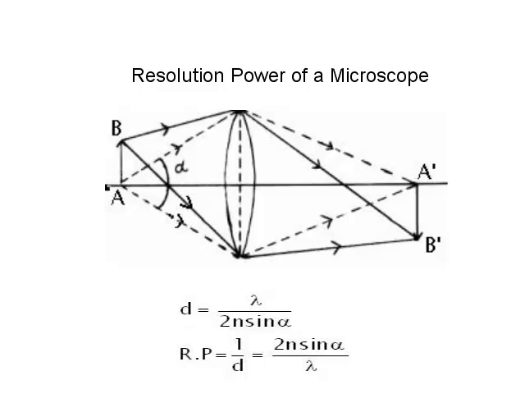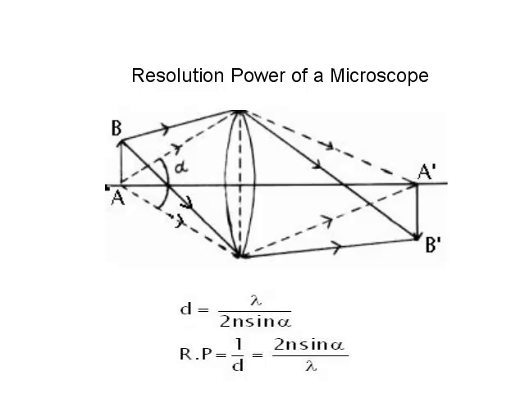According to Rayleigh's criteria, when the central maxima of the first object coincides with the first minima of the second, the objects are just resolved. In this condition, distance d is given by d is equal to lambda upon 2n sin alpha.